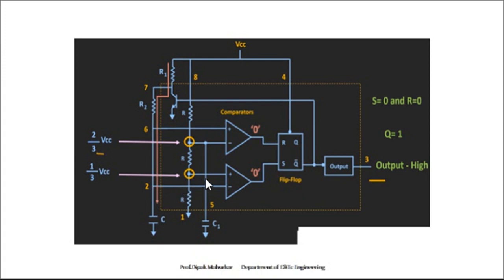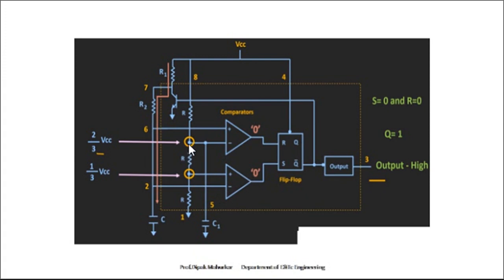In that case, the 1 by 3 VCC input is at the non-inverting terminal, and it is less compared to the inverting one. That's why its output is again 0.